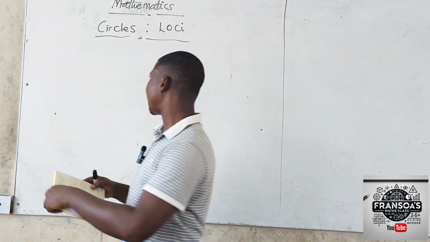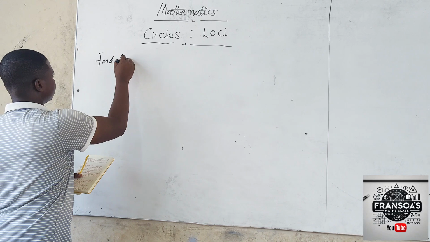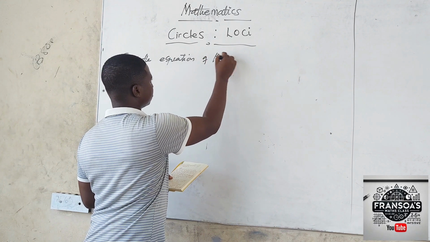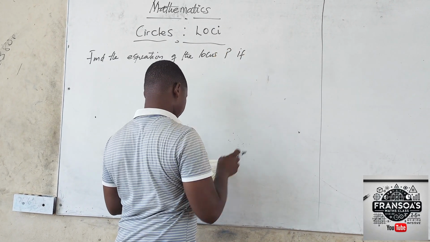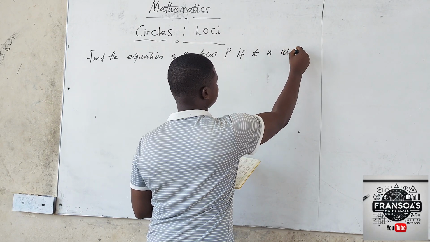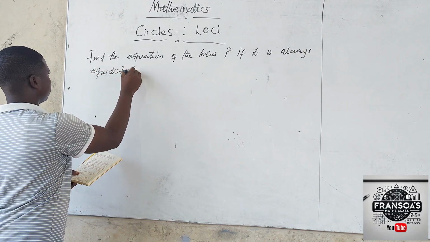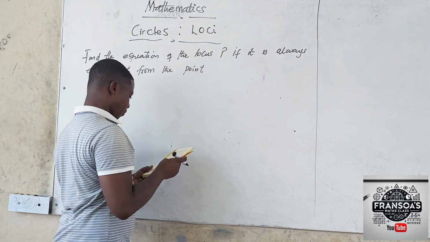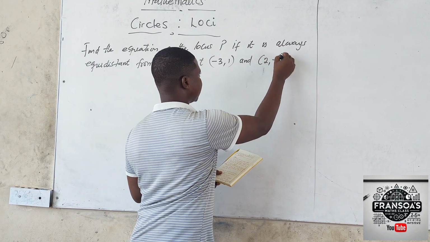The first question is, we are supposed to find the equation of the locus P if it is always equidistant from the point -3, 1 and 2, -1.